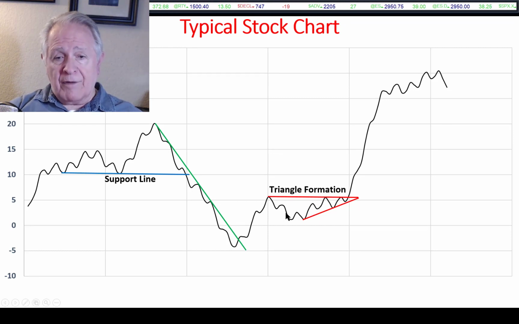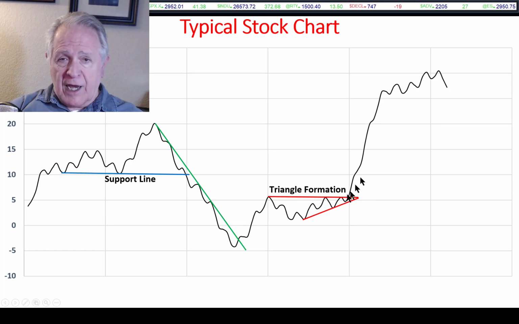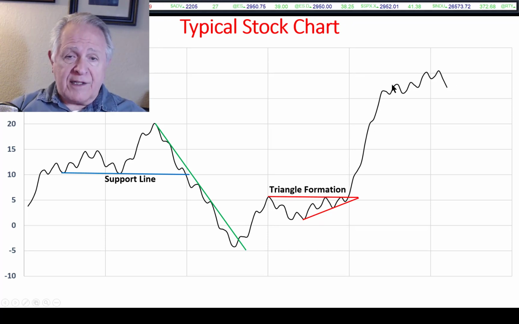Finally, you break above that trend line, you start to move to the upside, and you start forming a stalled formation and a triangle formation. You have a 1, 2, 3 tops here. You've got a couple of bottoms you can draw a line on. There's your triangle. You break out of it to the upside, and as might be expected, prices really take off again to the upside. So it appears to be a typical stock chart.